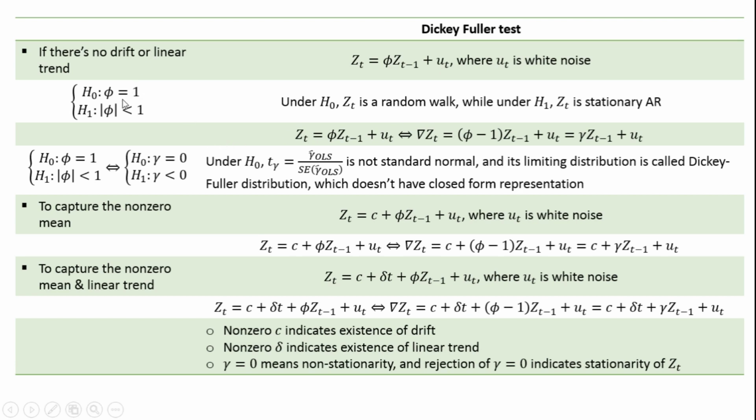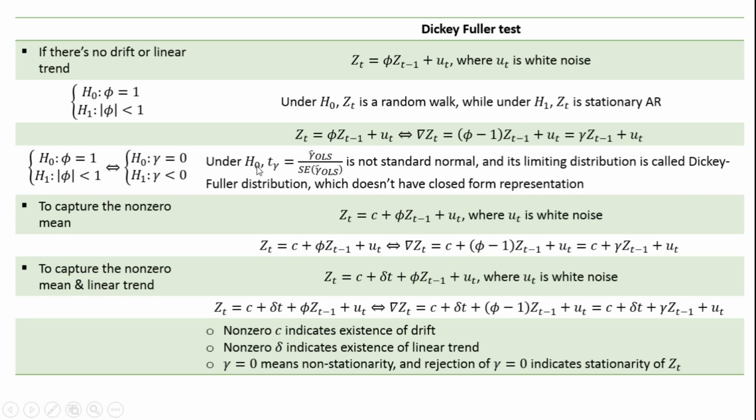The Dickey-Fuller test is based on the hypothesis H0 that phi equals 1 versus the alternative hypothesis that the modulus of phi is less than 1. Under H0, zt is a random walk, while under the alternative, zt is a stationary autoregressive.